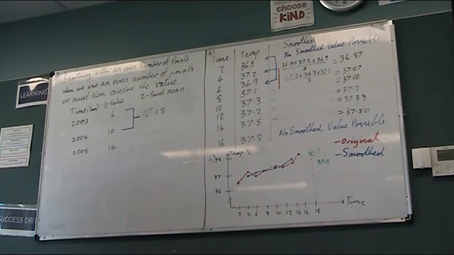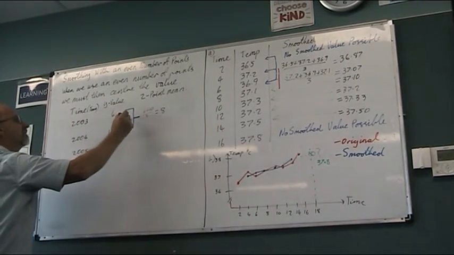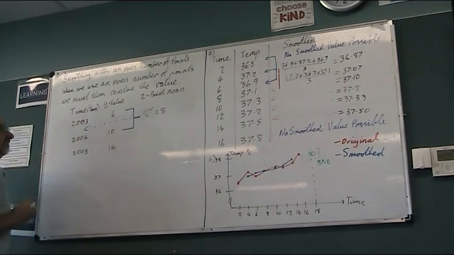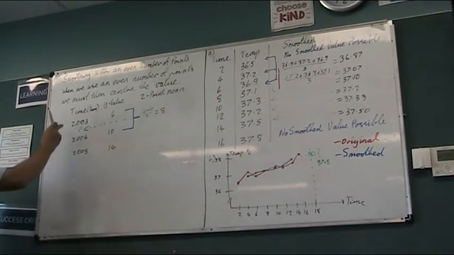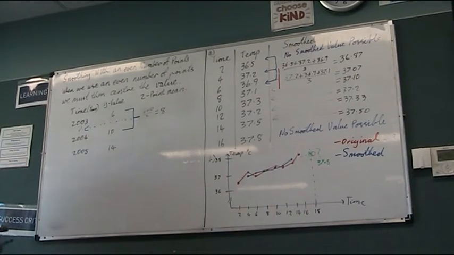But that 8, because the average of 2 numbers is in the middle, is looking at here. And there is no time between 2003 and 2004. It's either 2003 or it's 2004. So you've got a little bit of a problem.